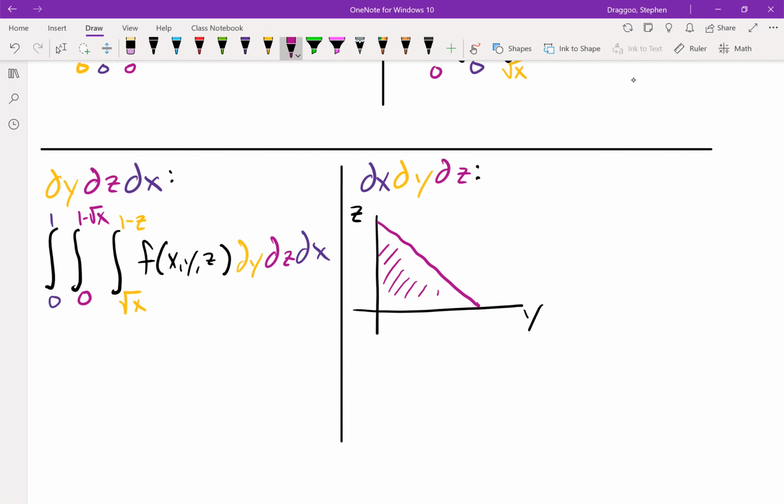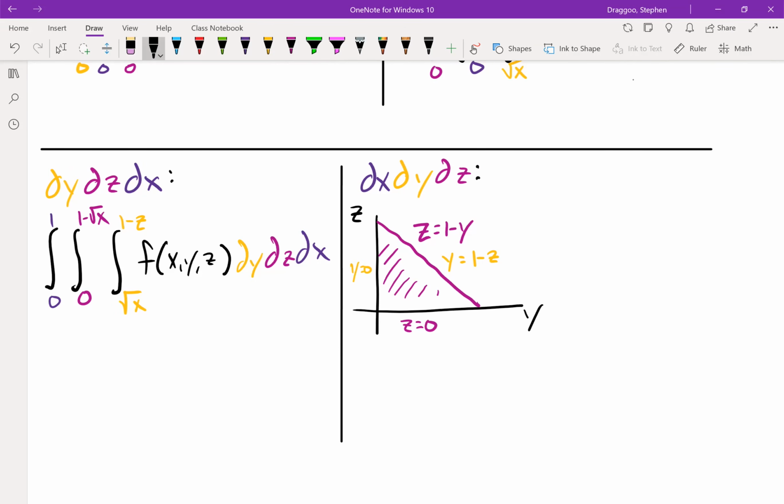That magenta line is the equation z equals 1 minus y. So if we just rewrite that line to instead be a function of z, y is equal to 1 minus z, same one we've been using earlier. Its left boundary should be y equals 0. Its bottom boundary would be z equals 0.